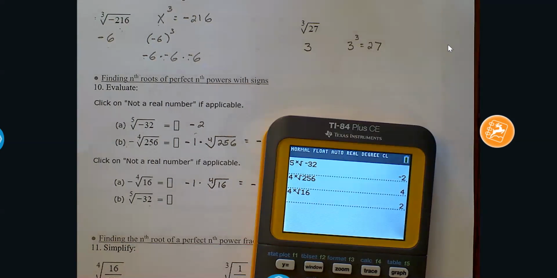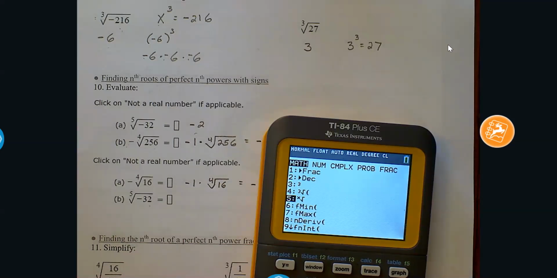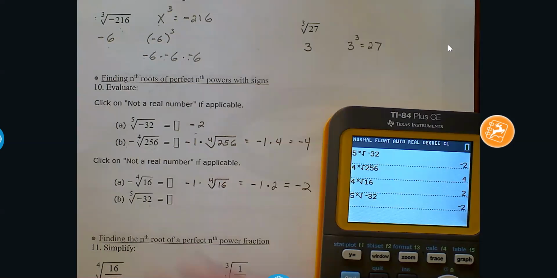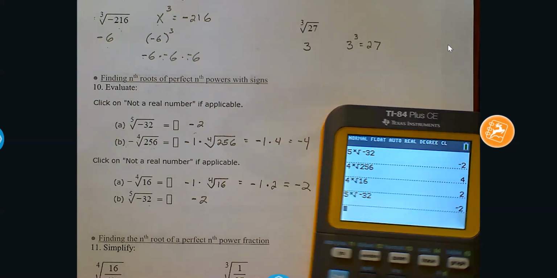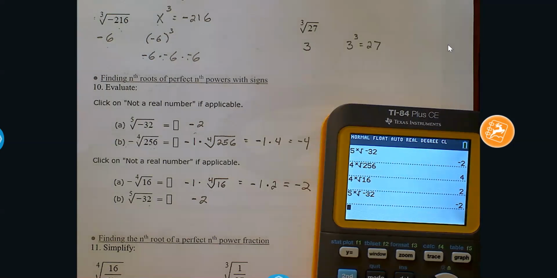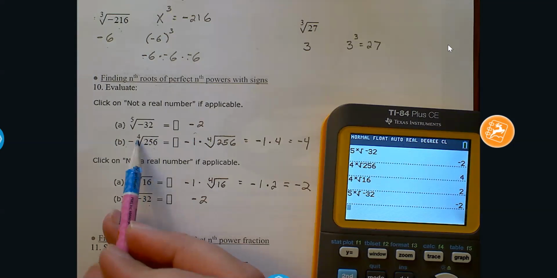The fifth root of -32. So we have 5, and then we find the xth root of -32, and that would be -2 as well. Okay, so when would you select not a real number? You'd select not a real number if you had a negative number on the inside of an even root.